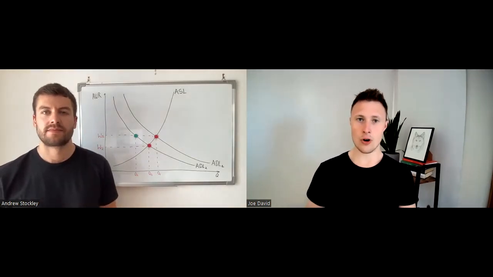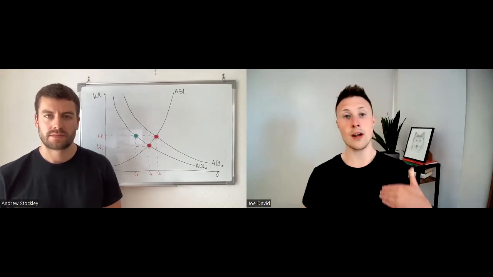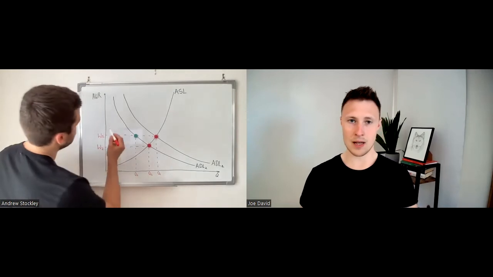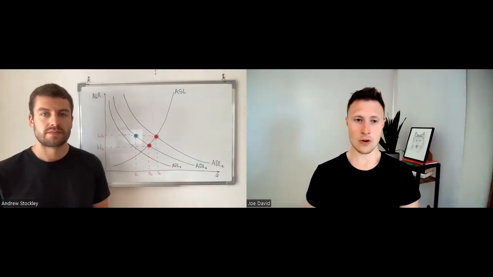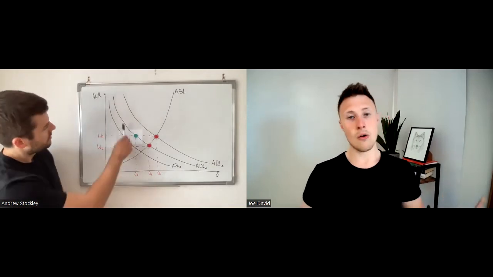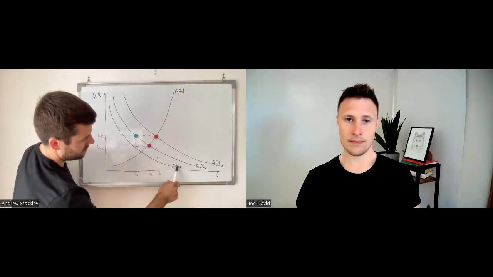This obviously would correlate to a fall in aggregate demand for goods, which would then cause a further reduction in the demand for labour. So the ADL curve that Andrew's now drawn would shift further to the left beyond ADL2 to create ADL3.